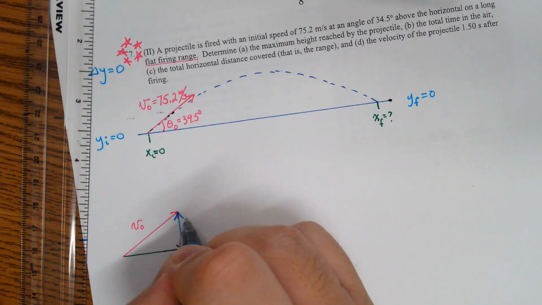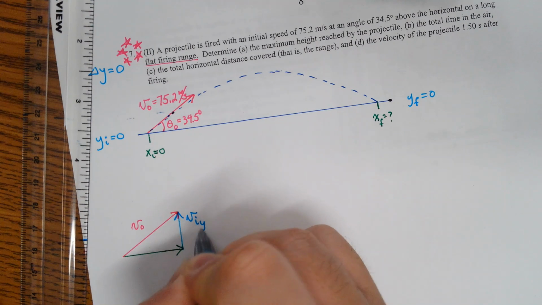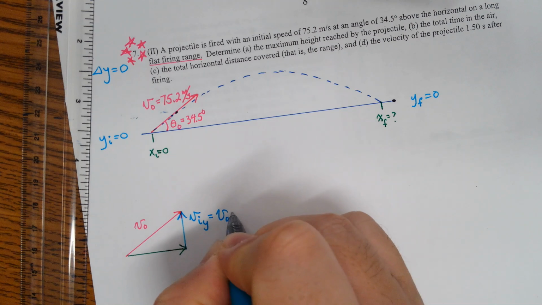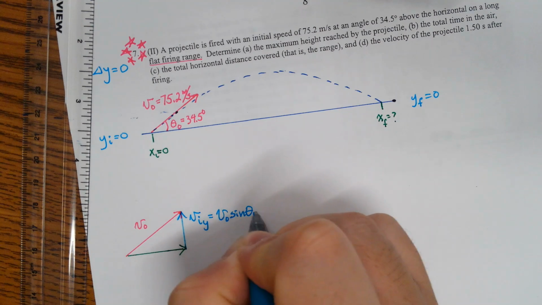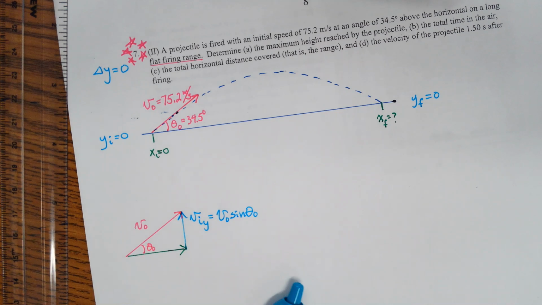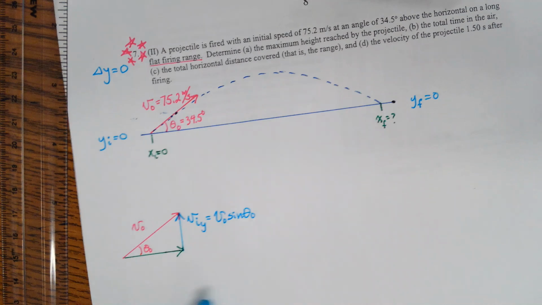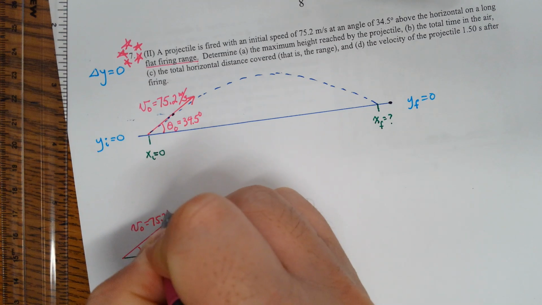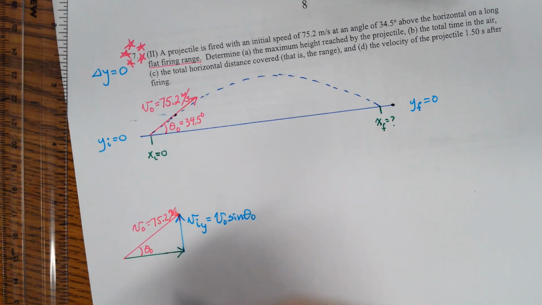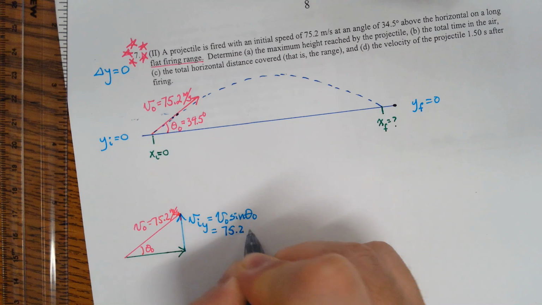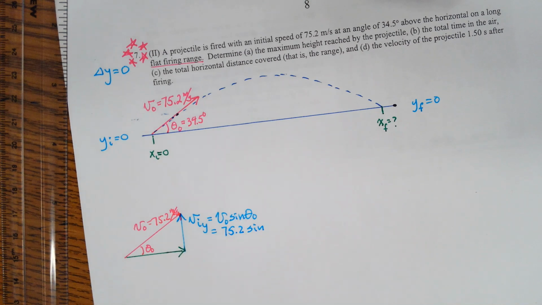Viy is equal to V naught sine theta naught, and this is my theta naught. My V naught is 75.2 meters per second, so my Viy is 75.2 sine of 34.5 degrees.